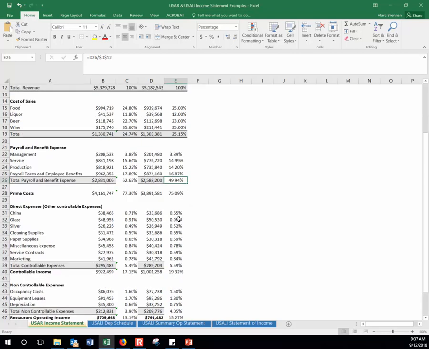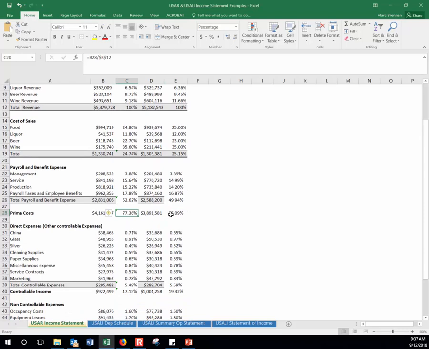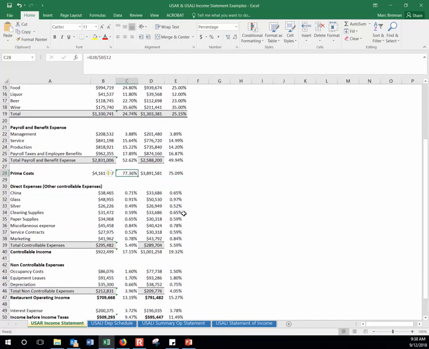Those are controllable costs, which means that our prime costs, our labor and our cost of sales together, are actually lower. See how it's such a big chunk of our total revenues for a restaurant. That's why they're referred to as prime costs. We control them and they represent a big portion.